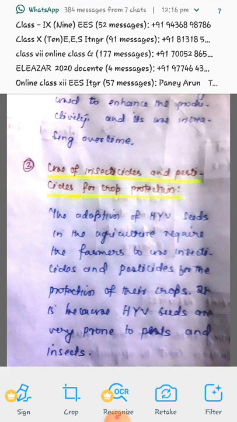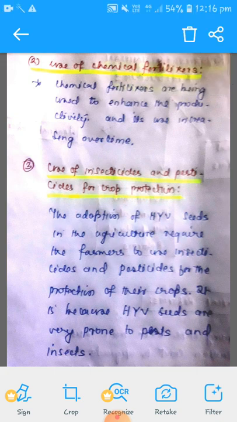One of the main disadvantages of HYV seeds is that they are very prone to insects and pests. So the farmers have to apply insecticides and pesticides to protect their crop plants from the attack of insects and pests.